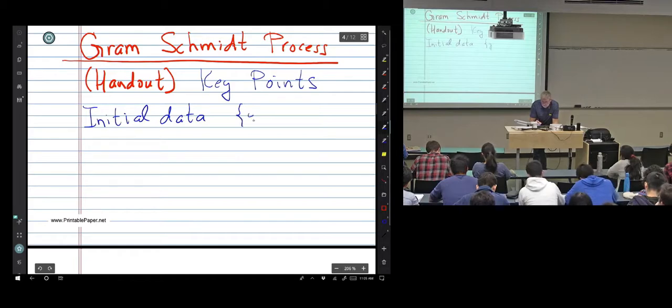Initial data, we're going to start out with a set of vectors that is linearly independent.